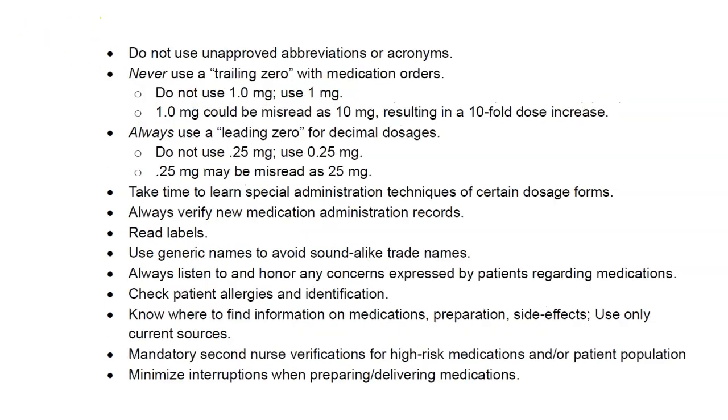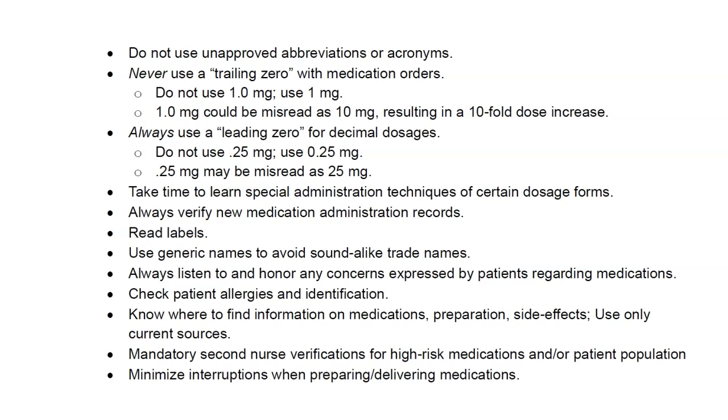Save yourself. Do not use unapproved abbreviations or acronyms, and never use a trailing 0 with a medication order. So for example, for 1 milligram, don't use 1.0, because sometimes they may not see the decimal point and they may end up giving 10. So that's 10 times more than the appropriate dose for the patient, right?